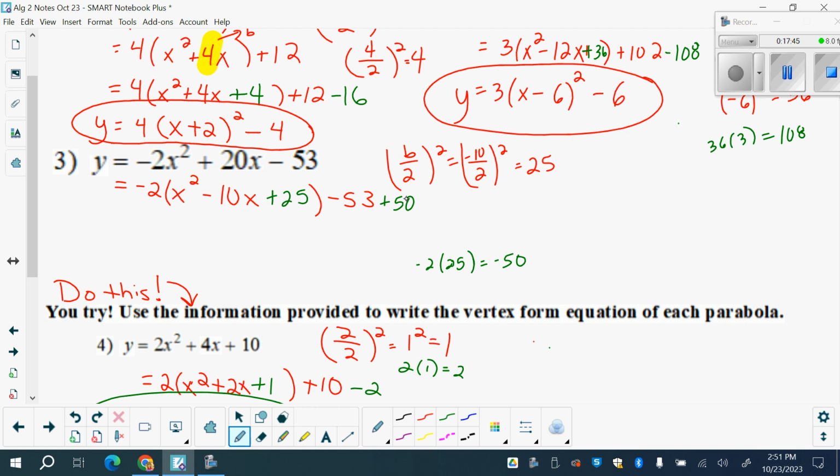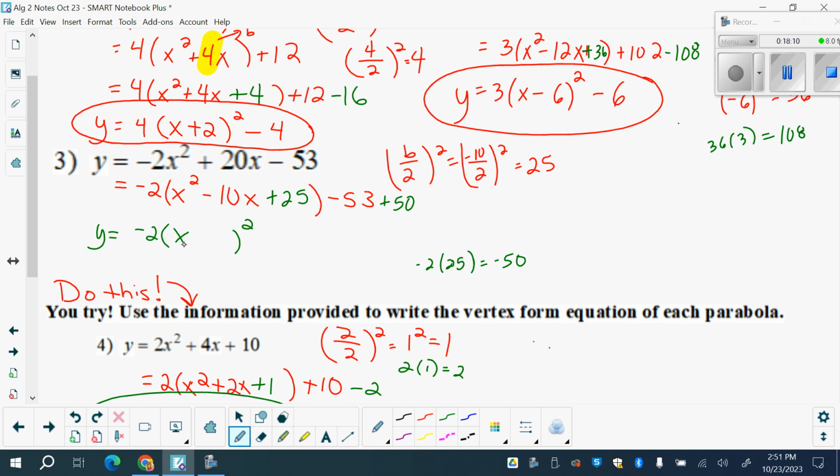So Omar, what would our equation be in vertex form? What goes inside here? So we always say half of the 10.